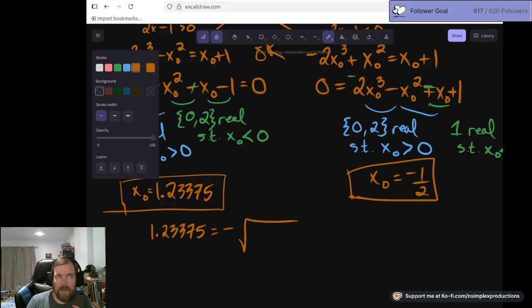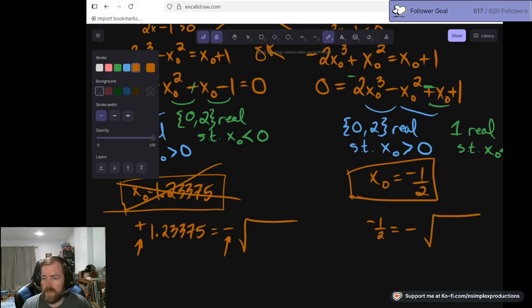So, no, that can't happen in the first place, so we can stop there immediately. This side's going to be positive, this side's going to be negative. Can't happen.